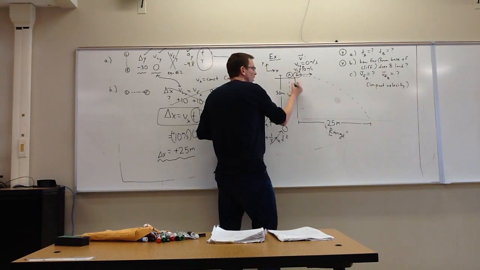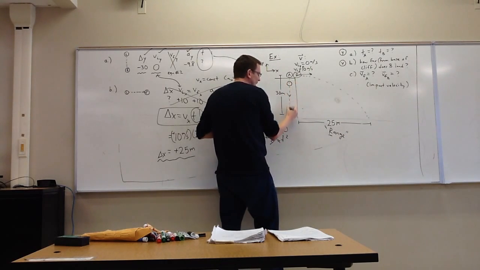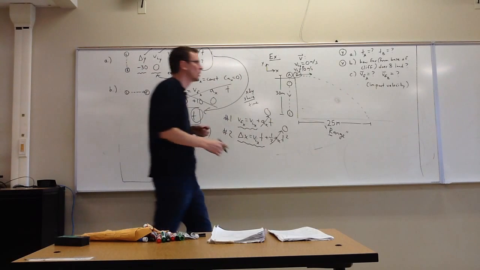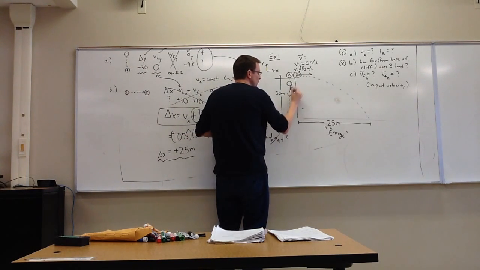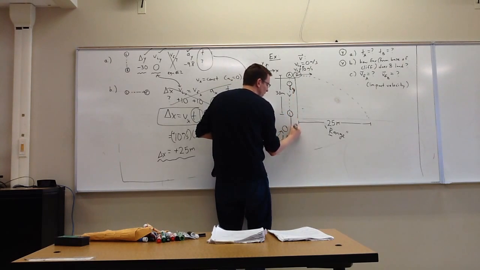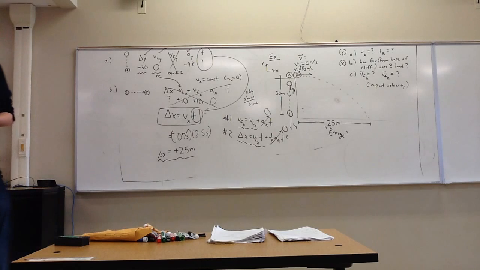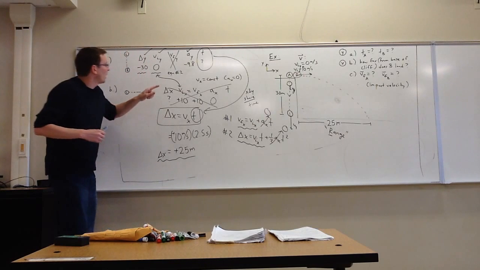Oh, I forgot to do part C as well, so I'll do that real quick. A falls like this, of course. Its y velocity gets faster because gravity does that. How would you figure out the y velocity?